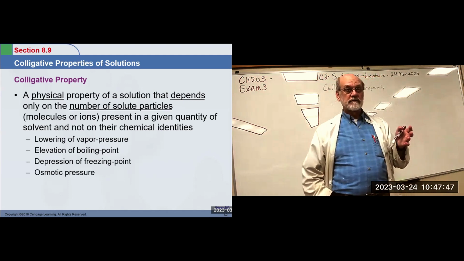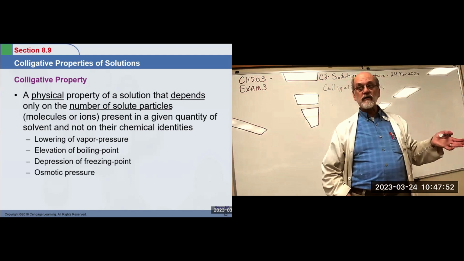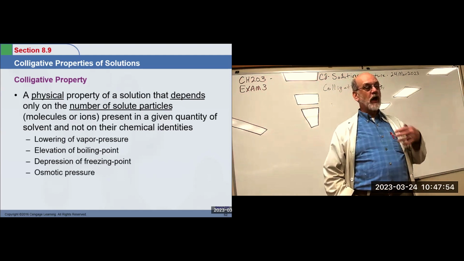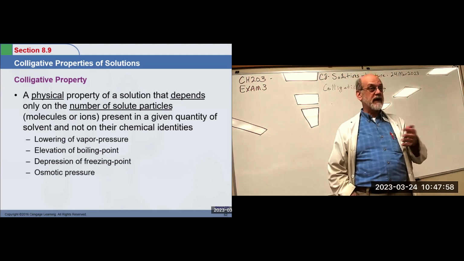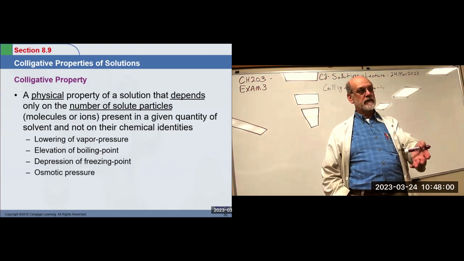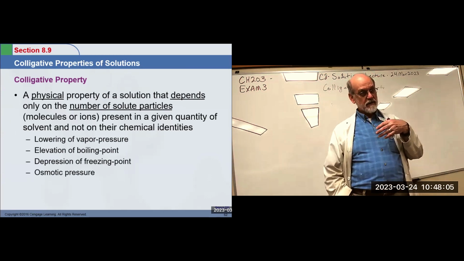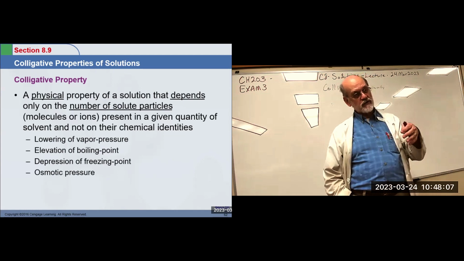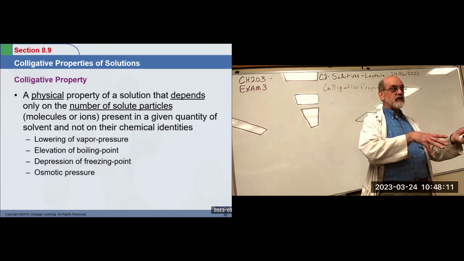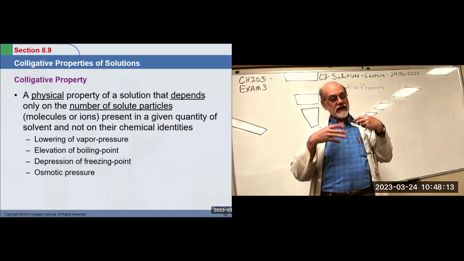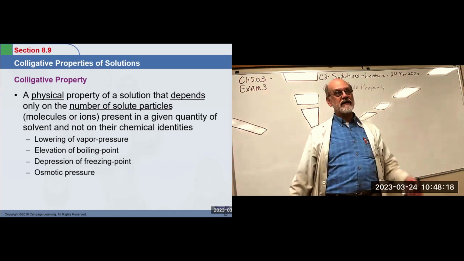So that's good. We use that to good effect because it doesn't matter what the particles are, right? If it's an unknown compound, then you can use a colligative property to determine how many moles there are of that compound. If you have measured its mass before you put it in solution, you can calculate the molar mass of that compound without even knowing what the compound is.